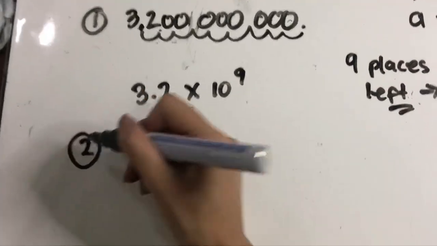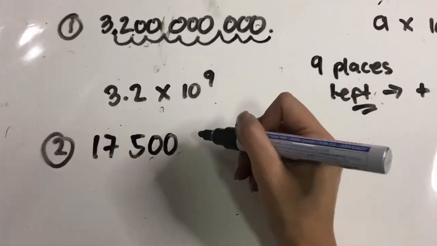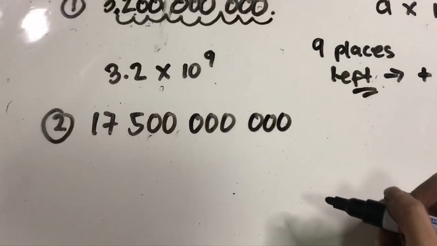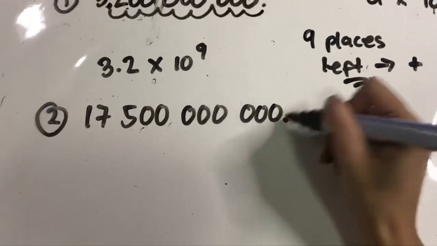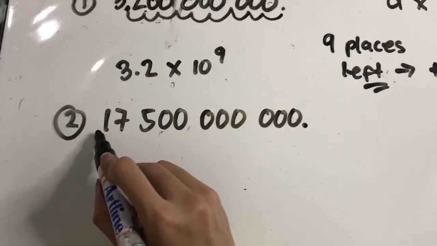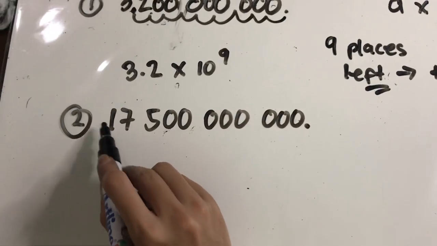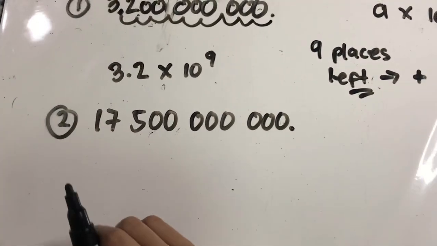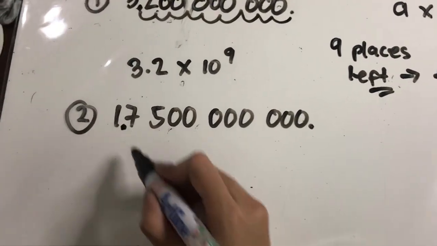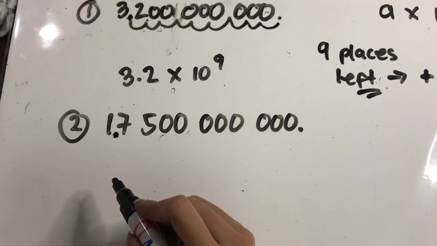Another example. Let's check where is the decimal point. So if we're going to put the decimal point here, it will become 0.175. So it is not greater than 1. If we're going to put it here, it will become 1.75.